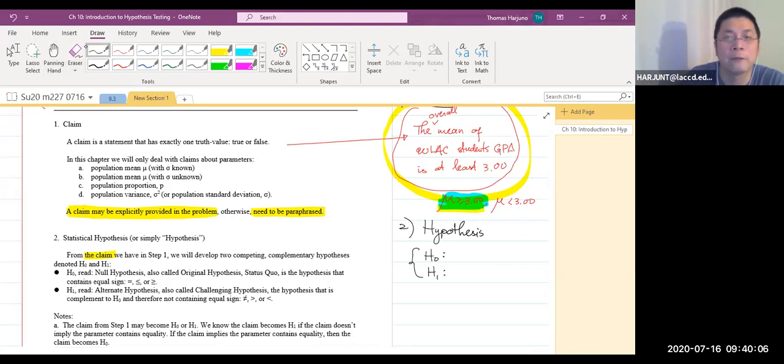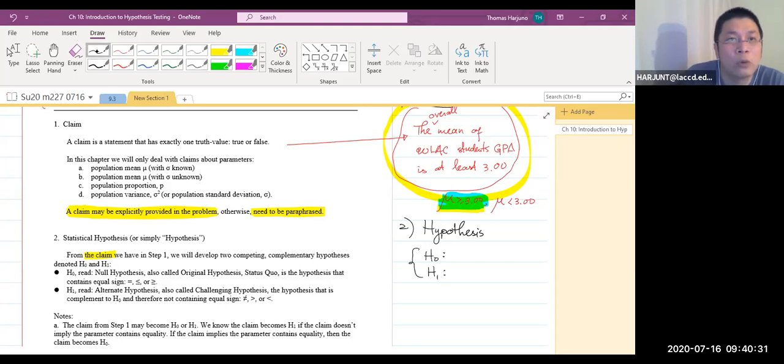Now then, once we have two competing hypotheses, one of them will go to the null hypothesis and the other will go to the alternate hypothesis. How do we know which goes to the null hypothesis and which to the alternate hypothesis? The answer is look at the equal sign.